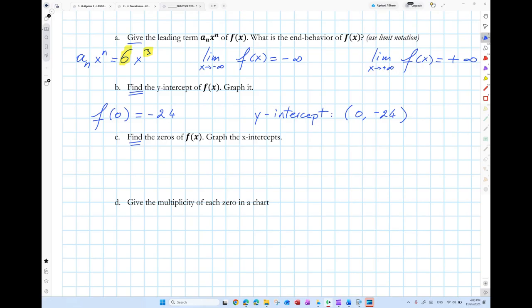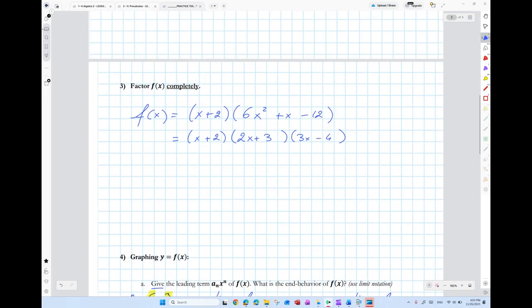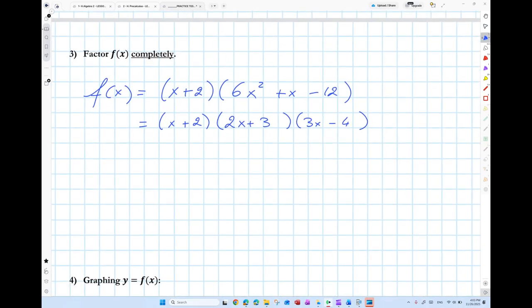Find the zeros. Now, once again, I need some type of justification. And to find the zeros, that means I'm going to solve f of x equals 0. So here I'm not going to do the whole thing. I'm going to refer to the factored form of this polynomial.